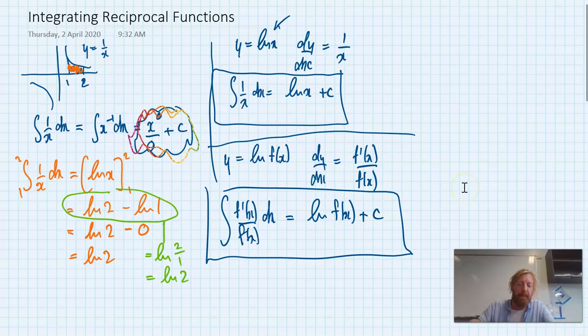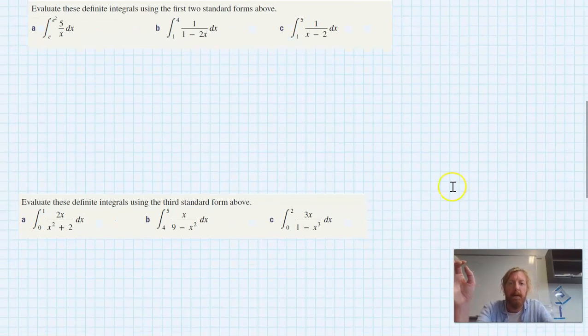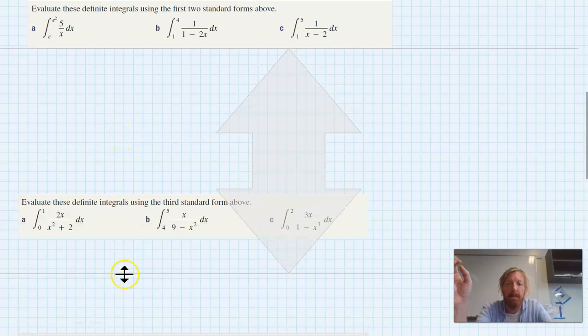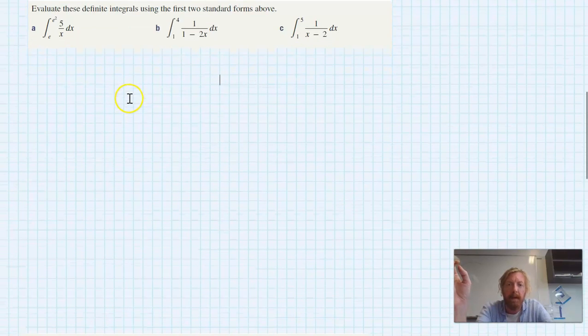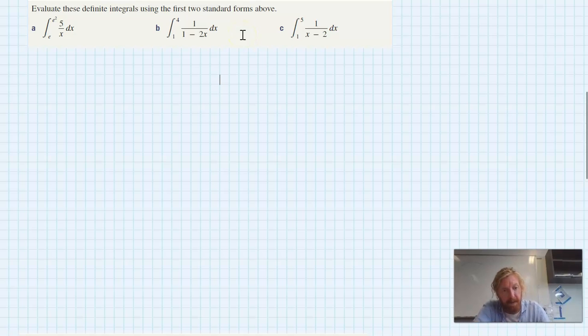Alright, so here we go. Let's make some more room there. Okie dokie. I'll probably just do 2 of these, okay, just to save a little bit of time. The integral of 5 on x dx from e squared to e. I want 1 on x, okay? I can take this 5 out, remember?